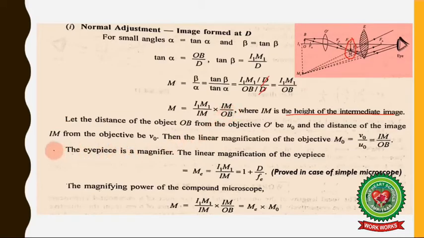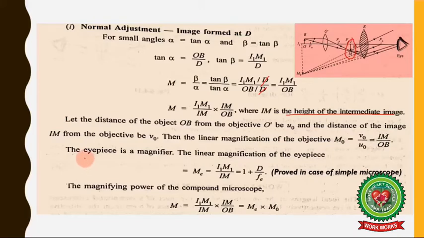Let's see. From the objective, V naught is the distance of the image from the objective. Then the linear magnification of the objective, M naught. We know that linear magnification is equal to V naught upon U naught, and here the V naught side is IM and U naught is OB.